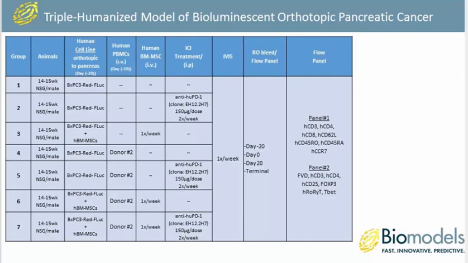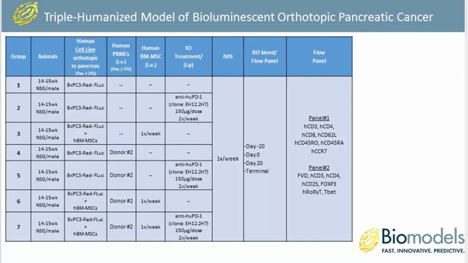We're also humanizing the immune system of the mouse with peripheral blood mononuclear cells from a previously characterized donor, and we've worked out this donor for response to checkpoint inhibitor PD-1, and also we've worked out the numbers so that we're not seeing much or any GVHD as a result of putting in these cells, which is definitely one of the limitations of some of these humanized models.